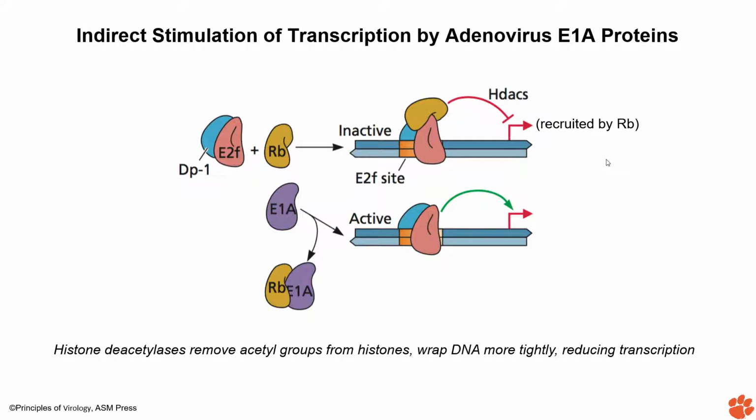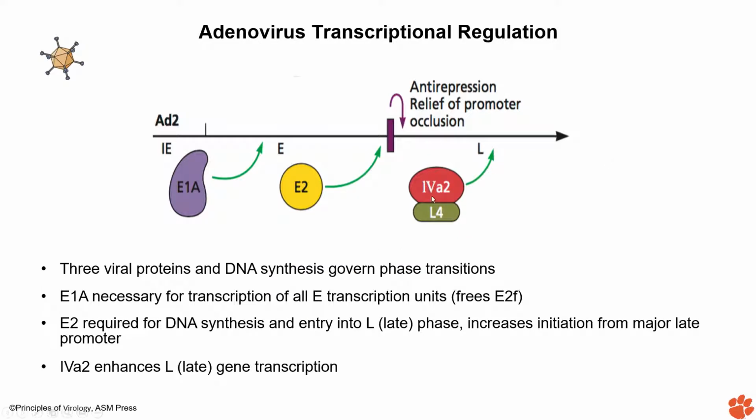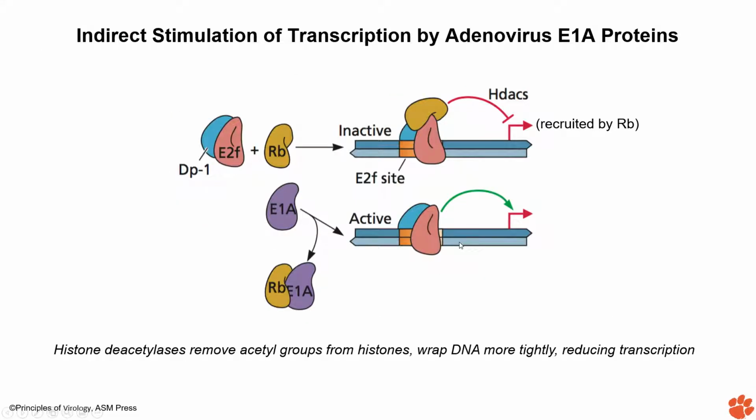So how does that E1A, this famous protein, control the transcription? What you are seeing right here, and we are going to see that this basically happens in both cases. Remember that this happens in both cases. This is a part of the DNA. Very carefully understand that.